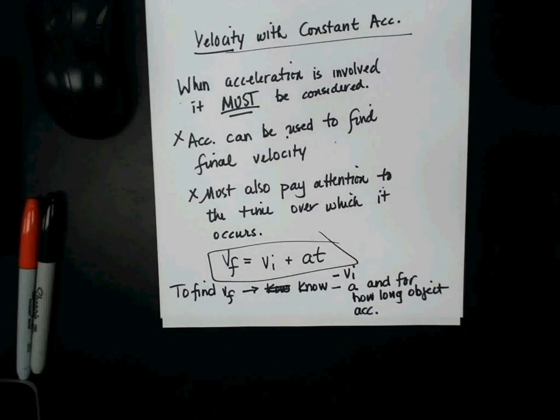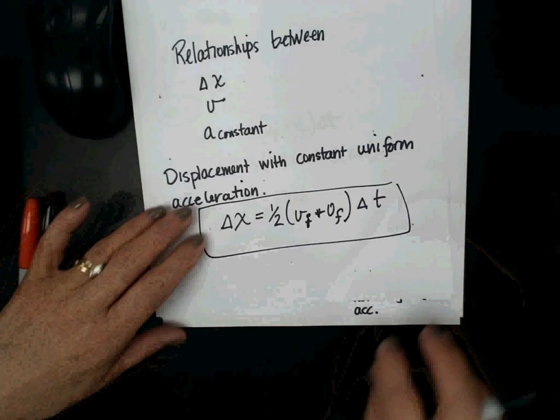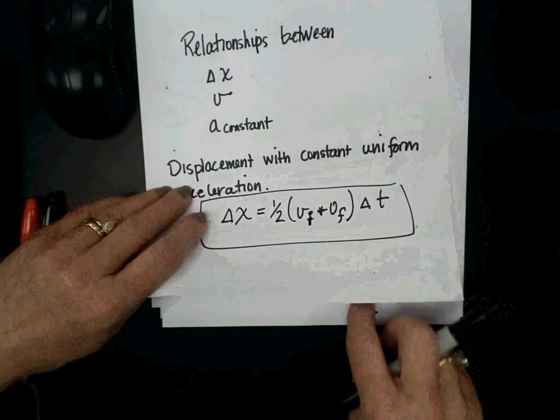You know what you probably should do, I didn't tell you to do this to begin with, let's pull out your card and put these two formulas on your card.